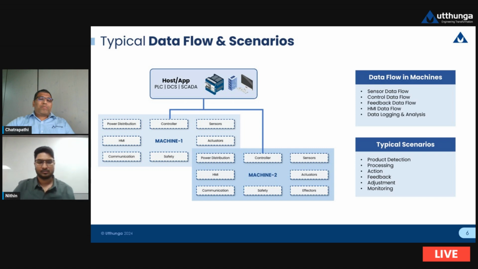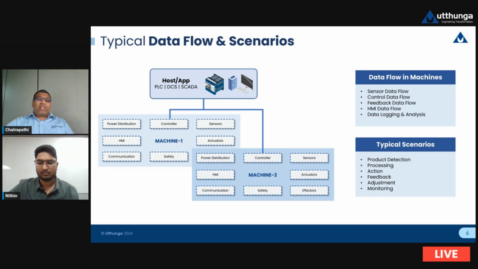And the data logging and analysis flow. This is where different data logs, including production counts, downtime events or error logs, are all captured, and this data is stored and passed on to be analyzed, so that any trends can be identified.